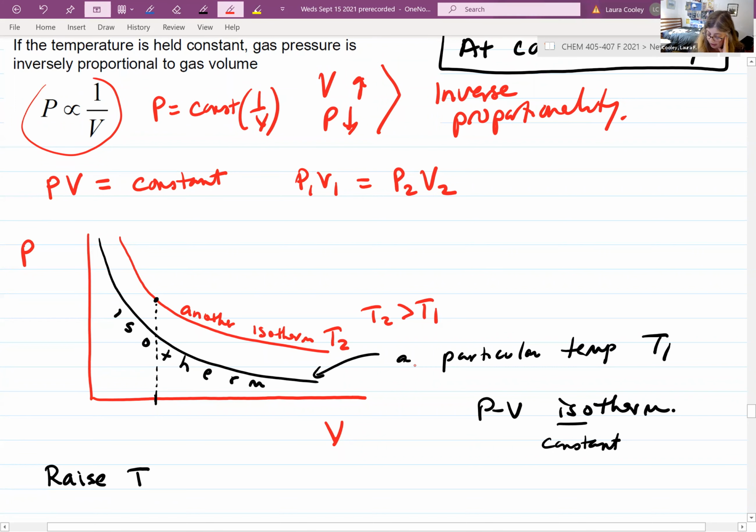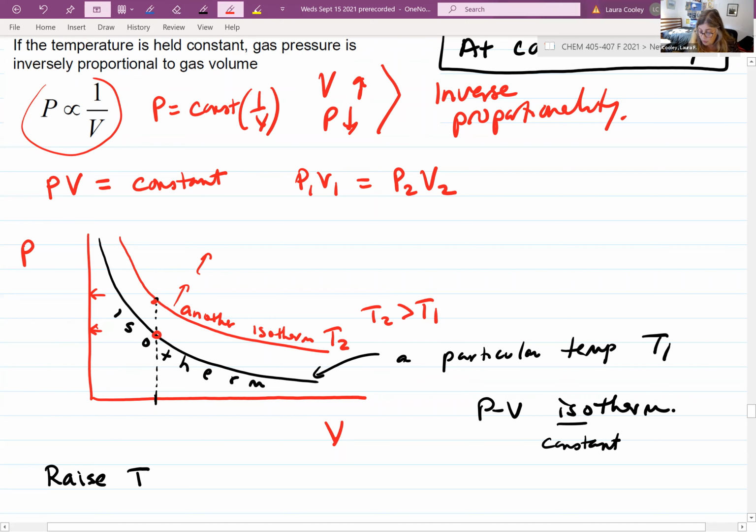I know it's higher because here I have a certain pressure at the lower temperature, and here I have a greater pressure at a higher temperature. So I know that at a higher temperature, I'm going to have isotherms going up this way, and at lower temperatures, I would go this way.